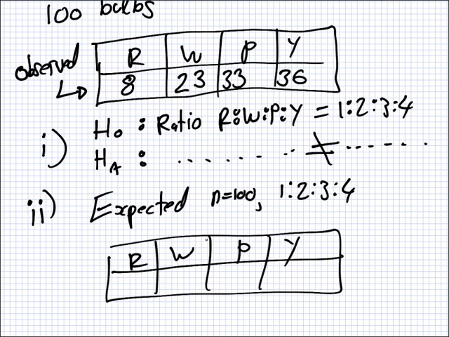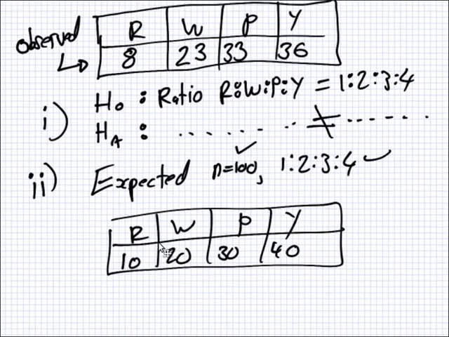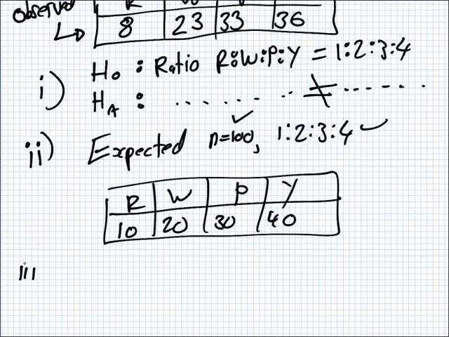So you were expecting 10, 20, 30, 40, because how much does this add up to? 100. And the ratio is 10 to 20 to 30 to 40, which is the same as 1 to 2 to 3 to 4.